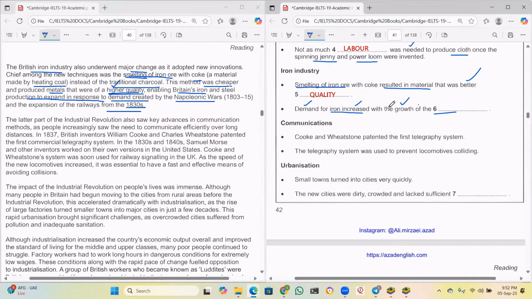Growth. See guys, growth and expansion, these two are synonyms. So expansion of railways. So demand for iron increased with the growth of railways. Yeah, that's the right answer. That was also pretty easy, right?